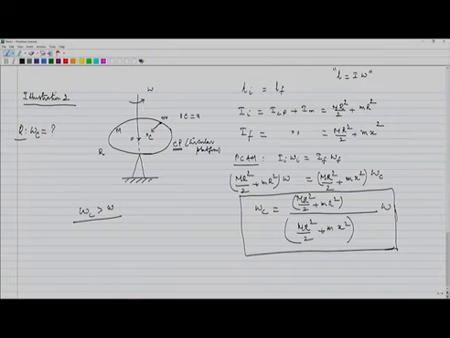What does it mean? It implies that the rotational kinetic energy at c is greater than the rotational kinetic energy initially. That means as this mass little m moves towards the center, the kinetic energy of the entire system is increasing.